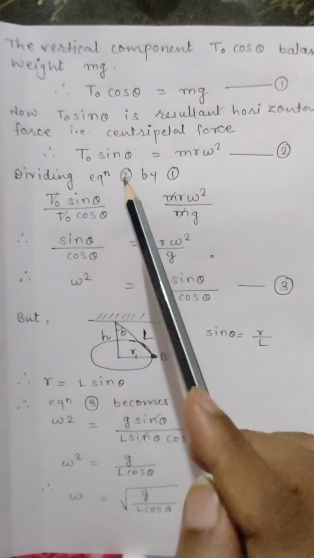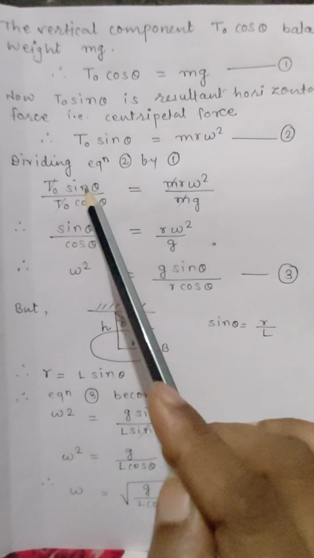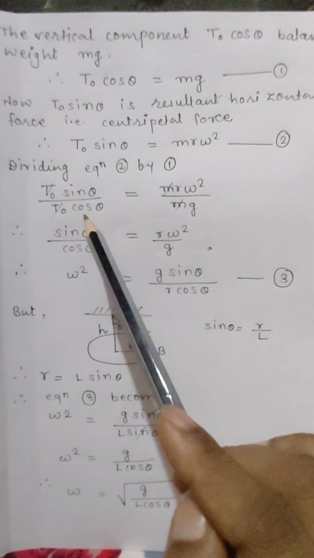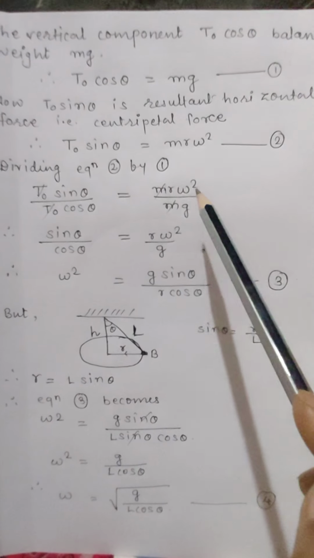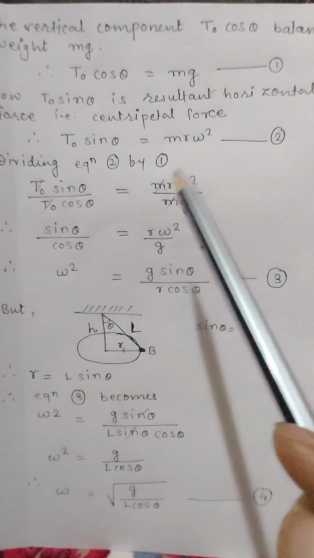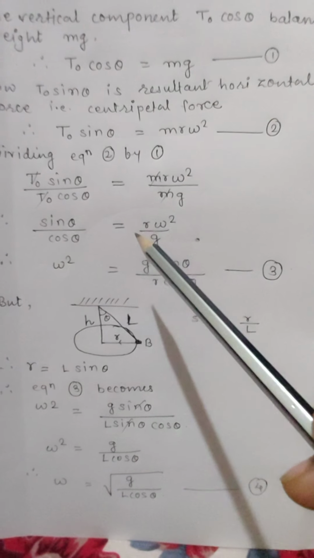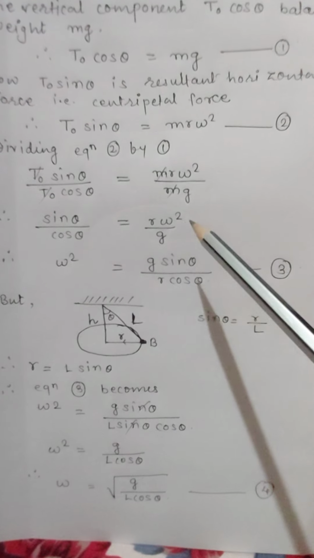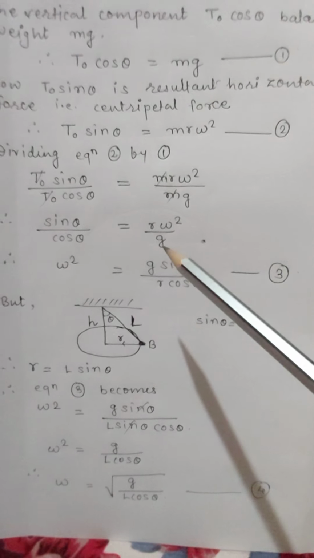Let us divide equation 2 by equation 1. So we'll get T0 sin theta upon T0 cos theta is equal to m r omega square upon mg. Here T0 gets cancelled, and on this side m gets cancelled. So we'll get sin theta upon cos theta is equal to r omega square upon g. So let us rearrange.